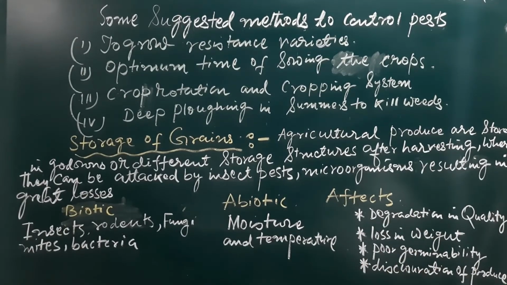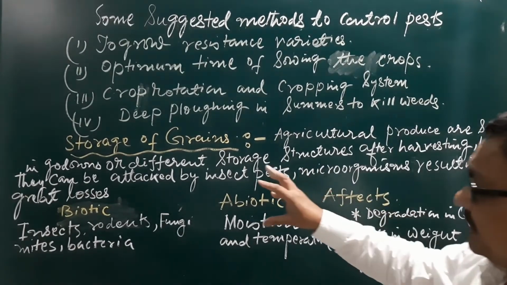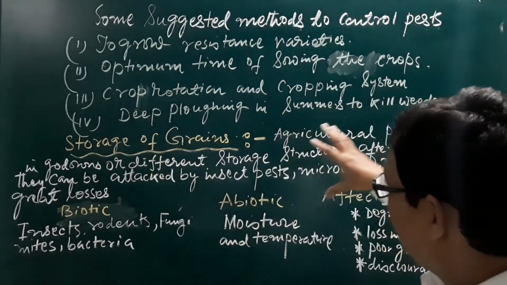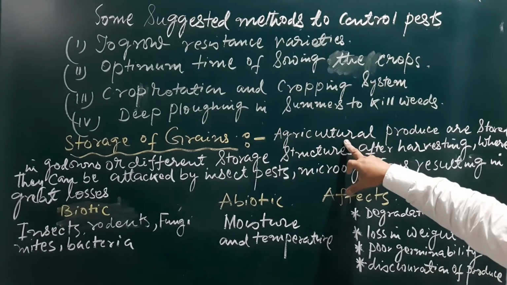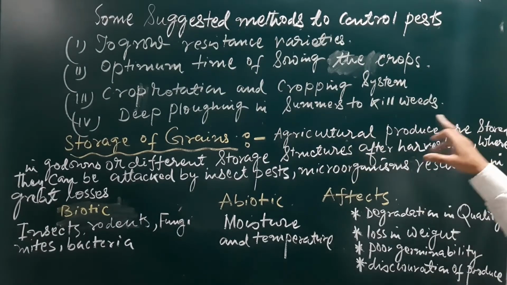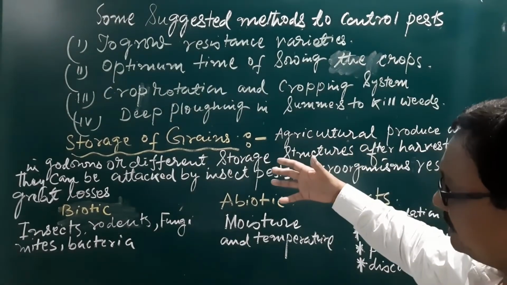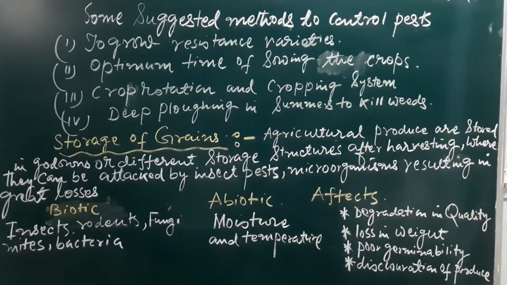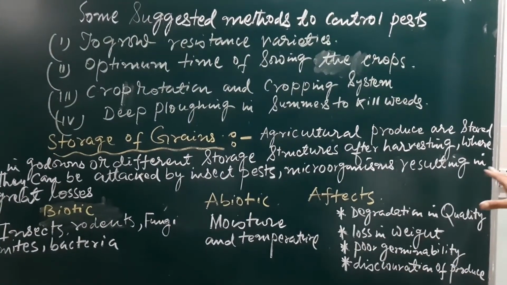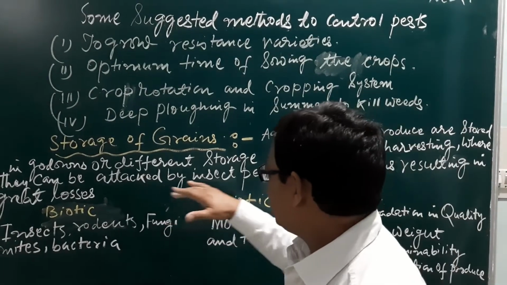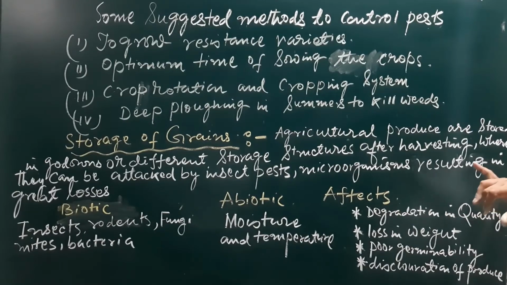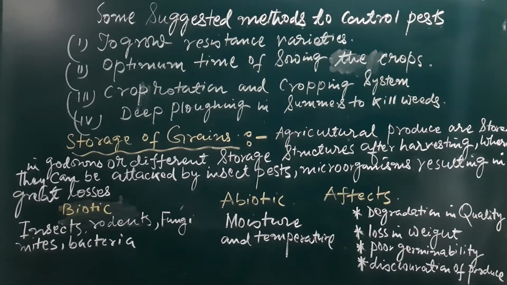But after the harvesting, once again there is a threat to the grains. That means agricultural produce is stored in godowns or different storage structures after harvesting, where it can be attacked again by insect pests and microorganisms, resulting in great losses.